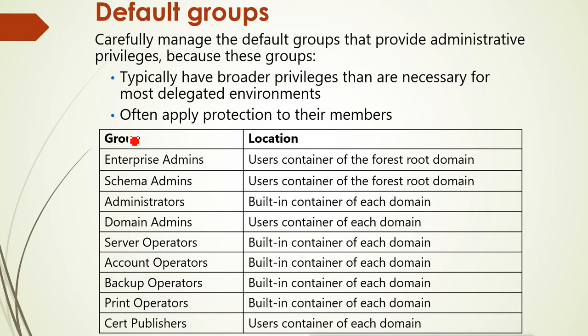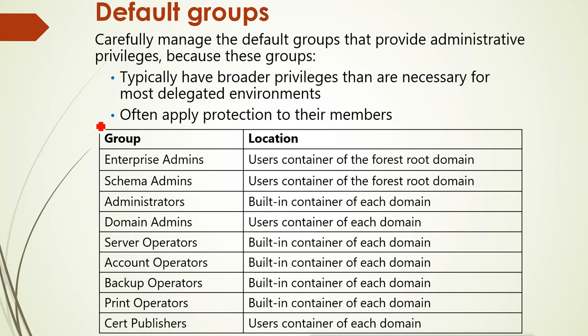For those extra permissions, we can distribute the permission to different users. So we can carefully manage the default groups that provide the administrative privileges, because these groups typically have broader privileges than are necessary for most delegated environments, and often apply protection to their members.